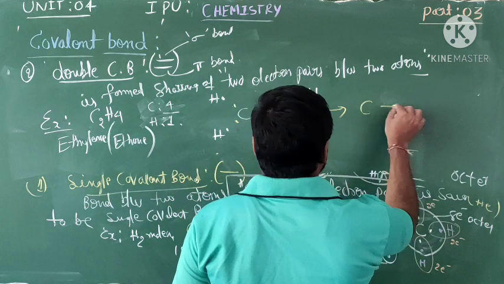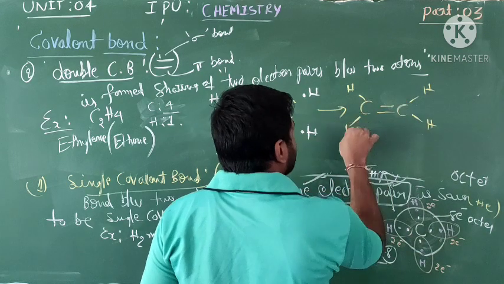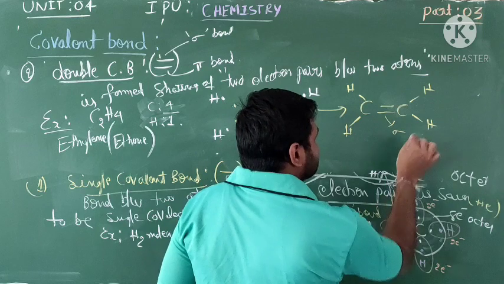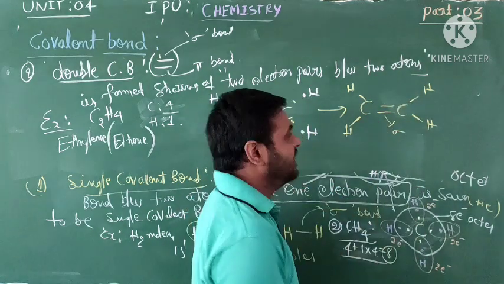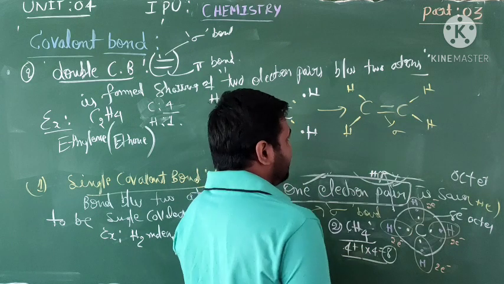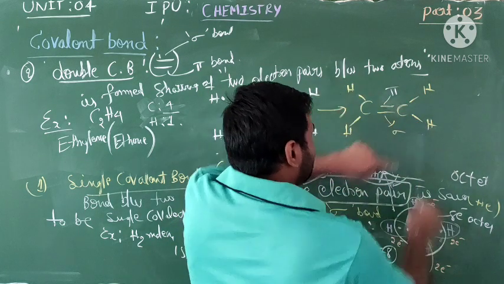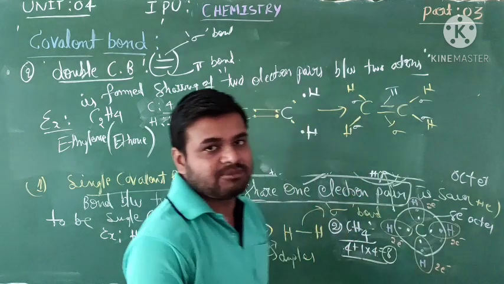So the sharing of these two electron pairs will form the double bond. Each side corner has single bonds, which represent sigma bonds. For the first one, we consider this one a sigma bond and this a pi bond. So this is the pi bond. These single bonds are all sigma bonds.